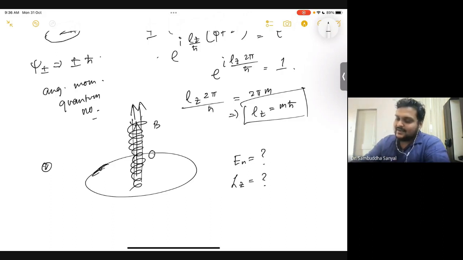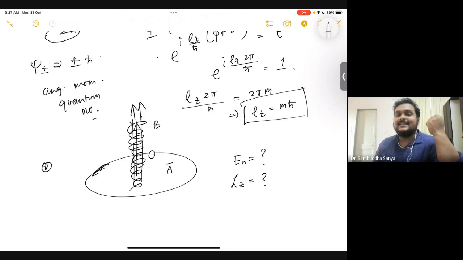You'll see the magnetic field is non-zero inside, but it's zero outside, but the vector potential A is non-zero outside. So you will see that even if the particle is not experiencing a magnetic field, but only experiencing the vector potential, its energy levels will change, and that change is detectable in experiment. This was done in experiment. Now this has a very far-reaching consequence in our understanding of physics, because what did we understand?